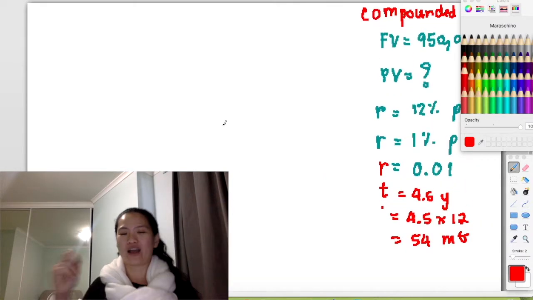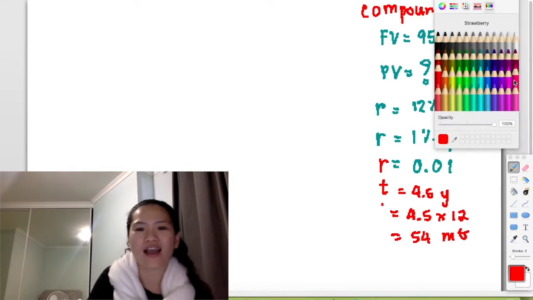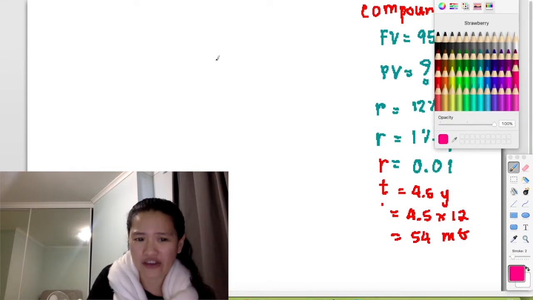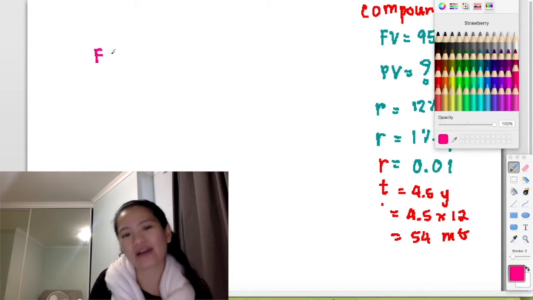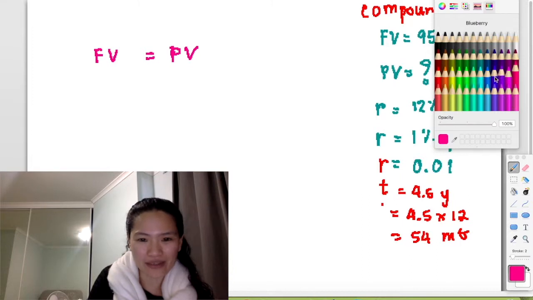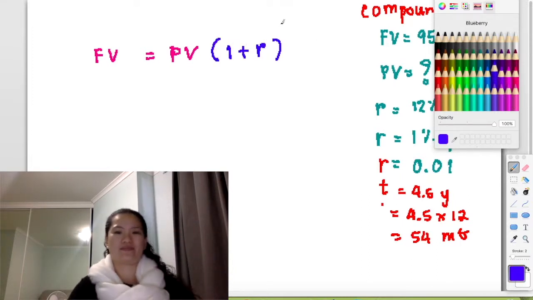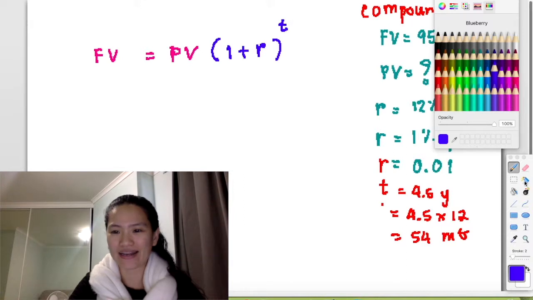Okay. Look at the formula carefully. Future value equals present value multiplied by (1 plus r) to the power t. Alright, important things that you have to know.